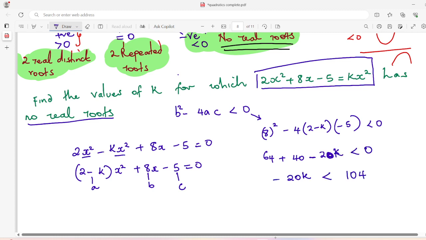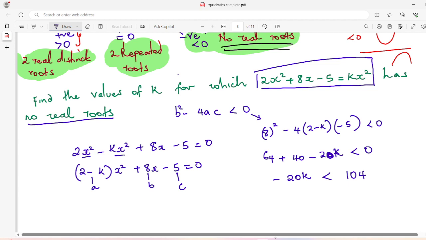So if you have 104, we are going to divide both sides by negative 20, and continue and work it out, and then get your values of k, the range of values of k. So we shall have our k.